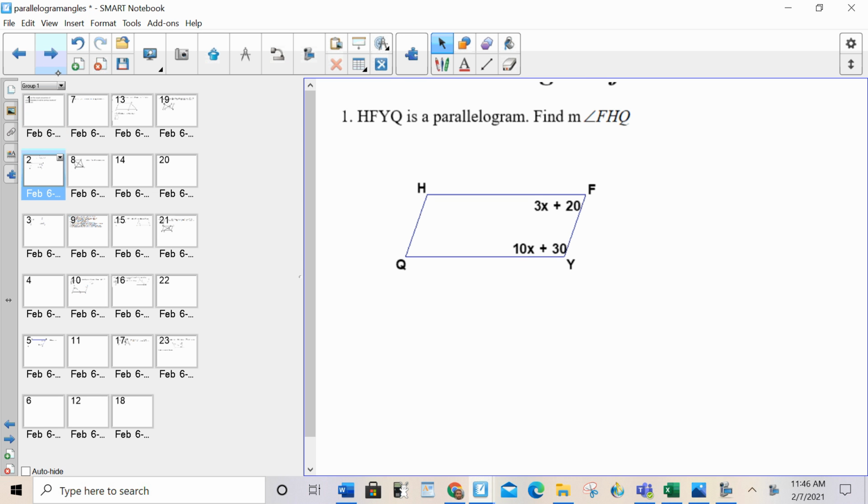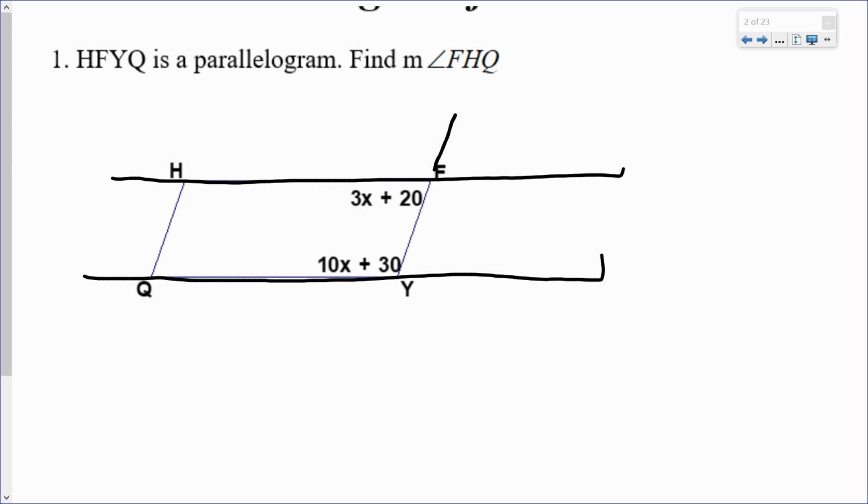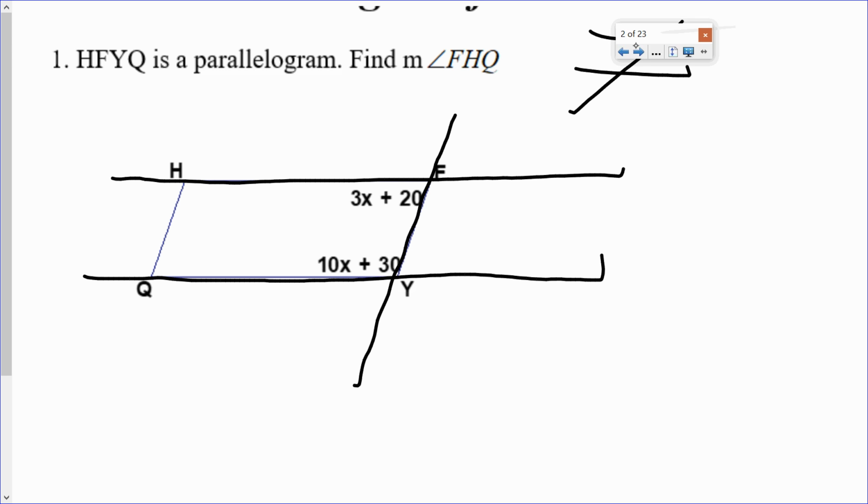Now, this picture is very much like something we did earlier this year. Since a parallelogram has opposite sides parallel, what we have here is parallel lines cut by a transversal. Now, if you remember, for this picture, we always want to ask ourselves, same or different.